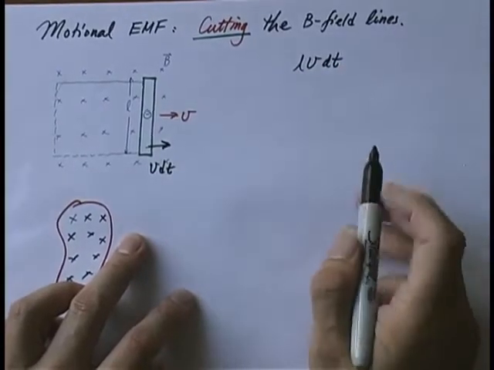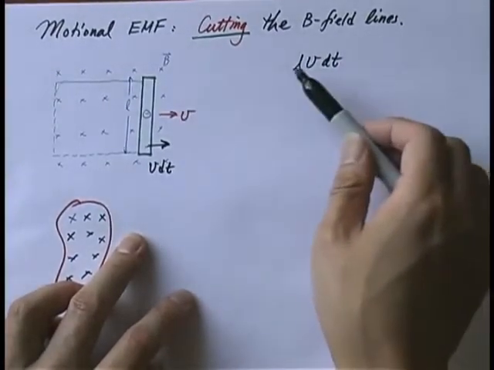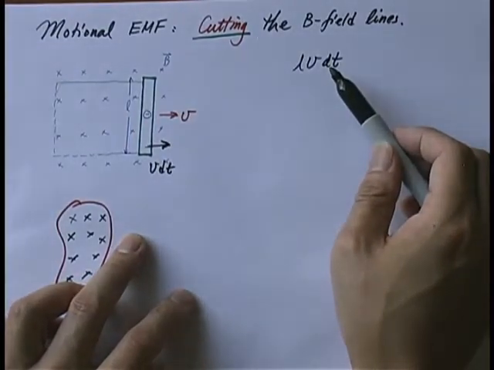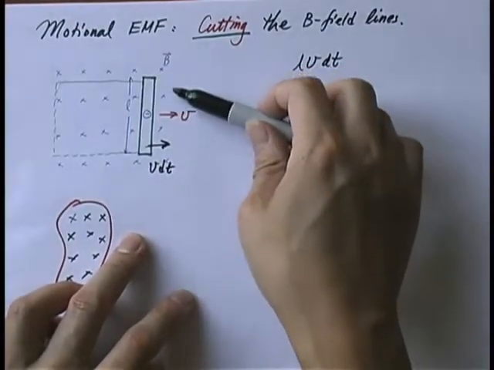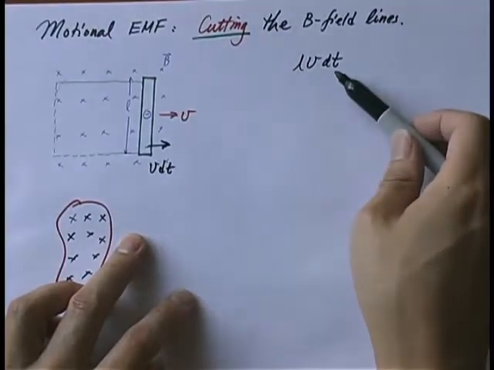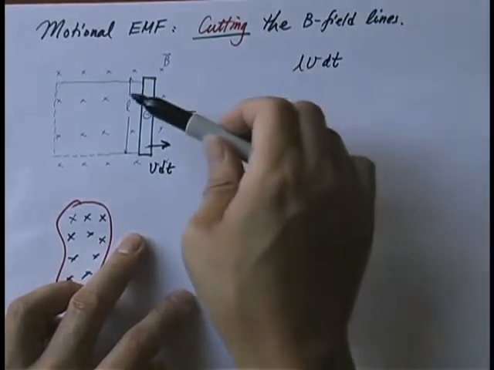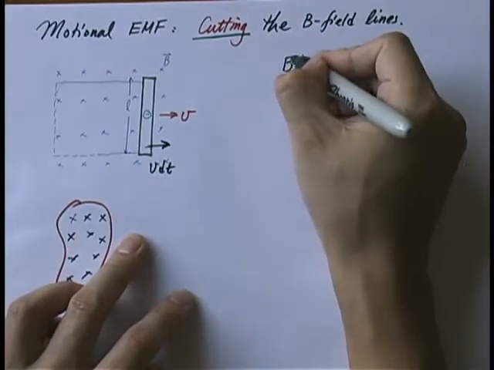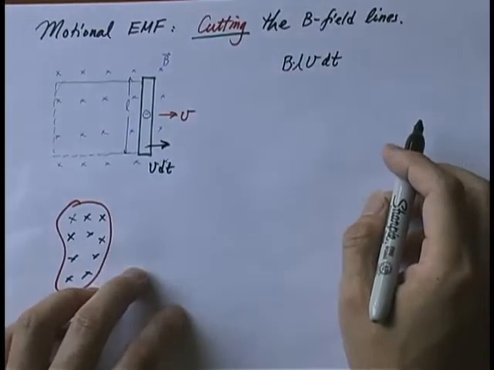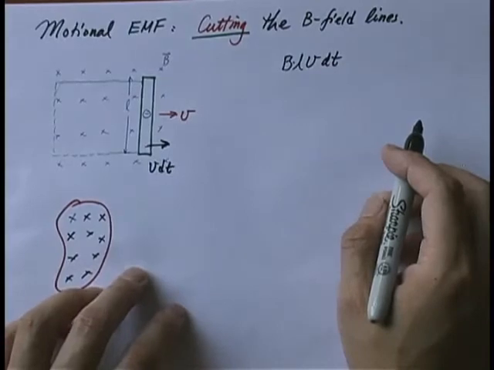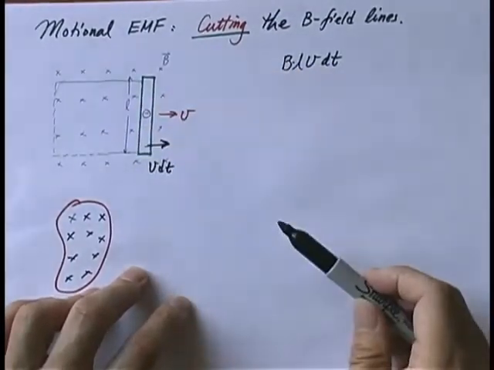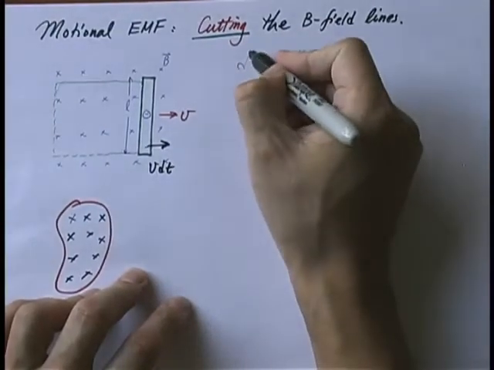You have increased the area over time dt, and this new area L v dt is also populated by the same exact magnetic field B. So if we take B times that, what do you get? You get the increase in magnetic flux over this time-varying area. So this really is just d phi B, isn't it?